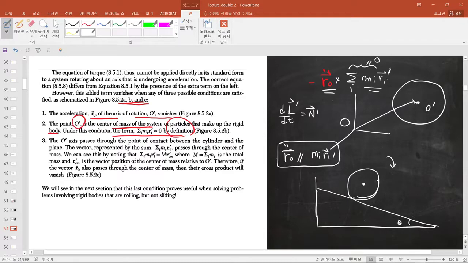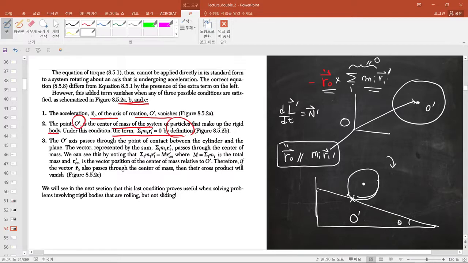But suppose the point is O prime here. Then if this disk rolls down, this point is instantaneously in contact with the inclined slope, and this point moves like this, so it is undergoing a circular motion.